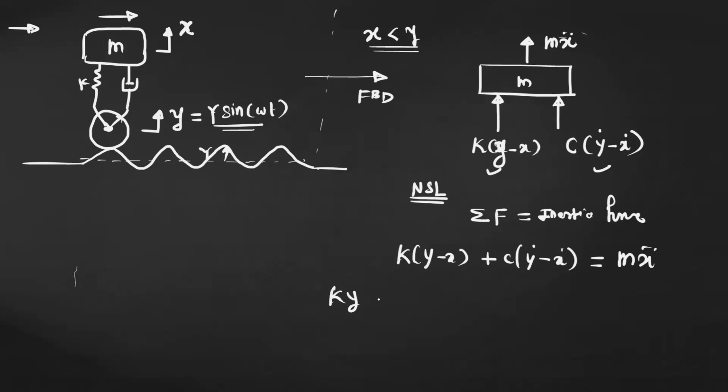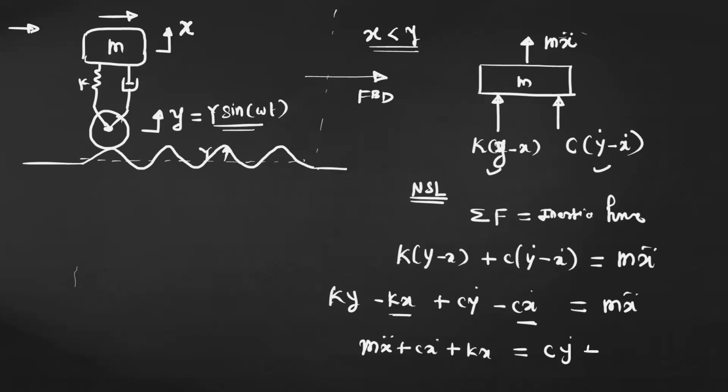So k y minus k x plus c y dot minus c x dot is equal to m x double dot. Now take these negative terms on the right hand side. So we will get the equation m x double dot plus c x dot plus k x is equal to c y dot plus k y.